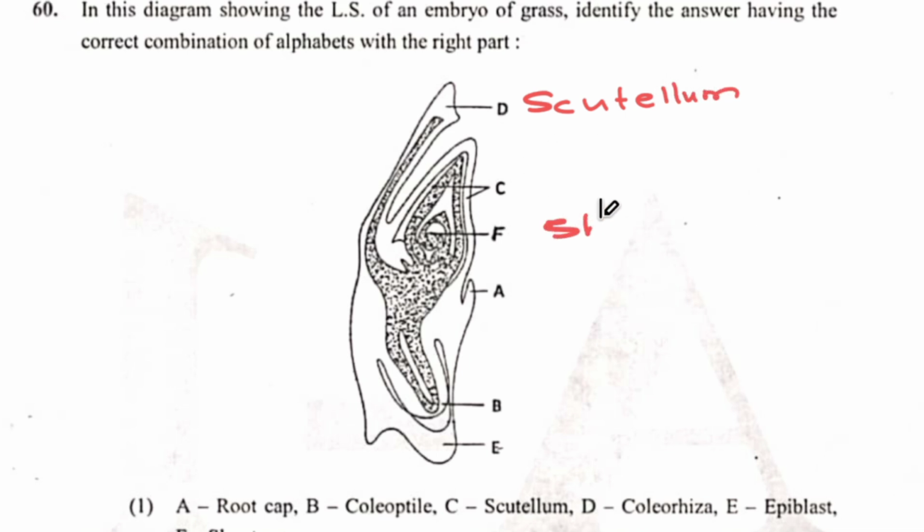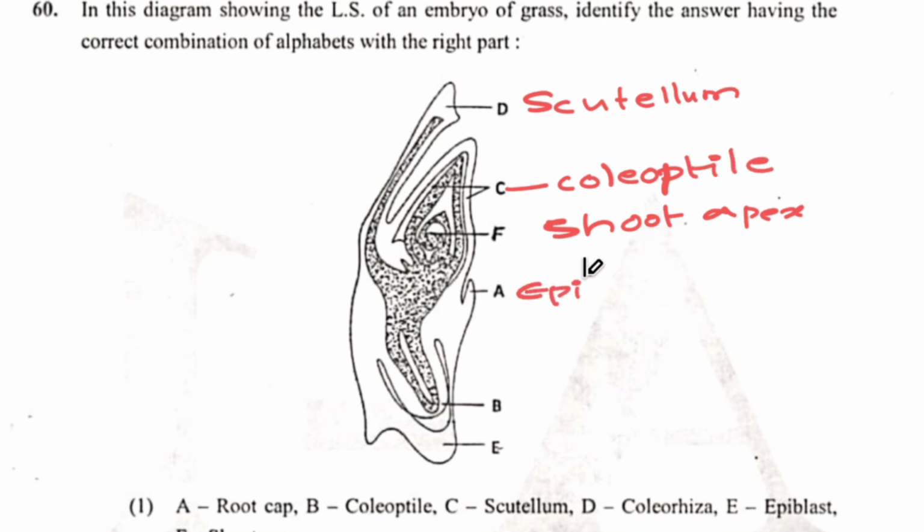F, it is the shoot apex. C, it is coleoptile. A, epiblast. B, radicle. Then E, coleorhiza.